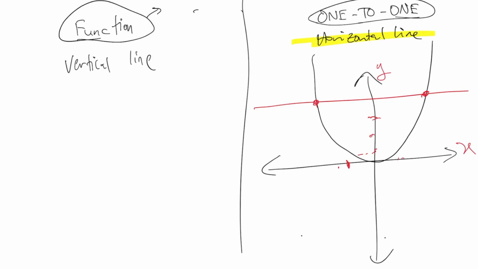Well, because if we take, for example, this output here, let's say this output is a 7. I'm just choosing arbitrary numbers. We see that this output is related to 2 inputs. And for a function to be one-to-one, an output has to be related to at most 1, and this is more than 1 input. See, 7 is an output, it has 2 inputs, here and here. So yeah, that's that.